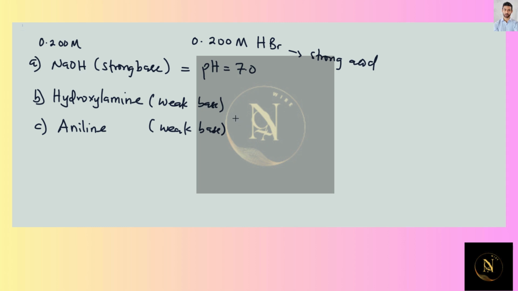Titrating a weak base versus strong acid gives a solution of the conjugate acid at half the concentration at the equivalence point. Since equal concentrations were used, at equivalence point we're going to have NH3OH+ for this, and C6H5NH3+ for this.